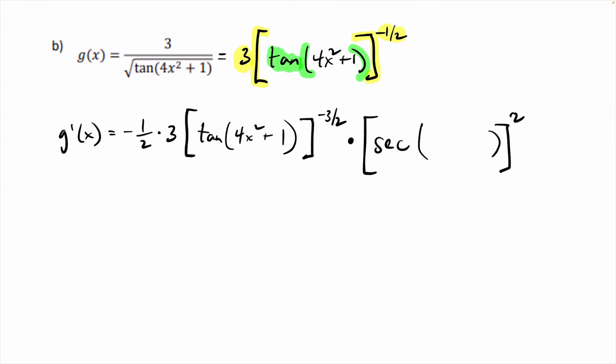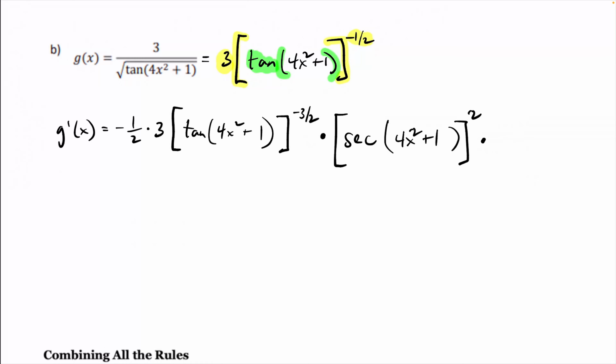I haven't gotten to 4x squared plus 1, so I'm going to write that back in here. Chain. The last layer was the 4x squared plus 1, which is just 8x.